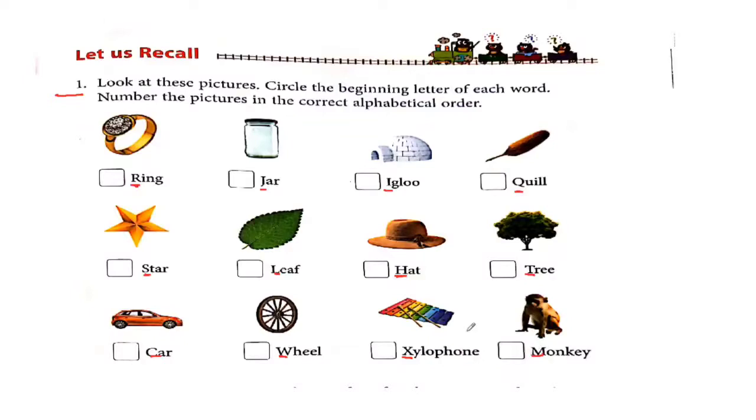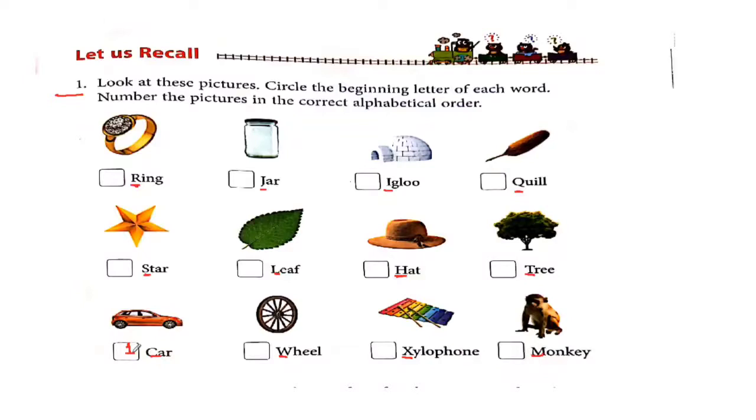Now let's number this, or let's make the alphabetical order. So can you see A here? No. Can you see the word starting from B? No. But the word that starts with C is car. Okay. Now is there any word starting from D? No. E? No. F?